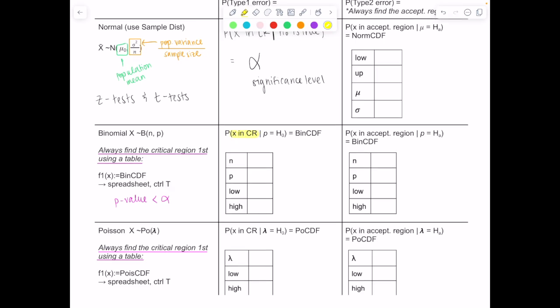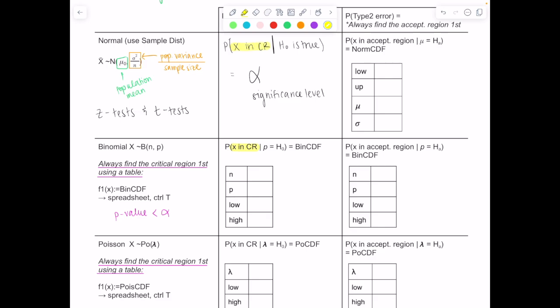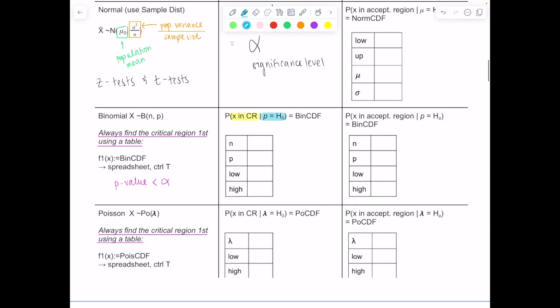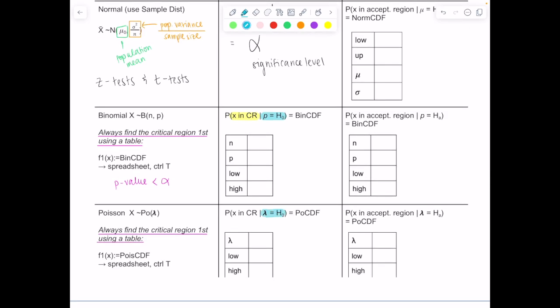Now, the probability that you're in the critical region, given your null hypothesis is true, depends on what your null hypothesis is. For a binomial distribution, your null hypothesis is whatever your probability of success is. For a Poisson distribution, that is your average rate. Your bounds in your CDF come from your critical region. So we need to first know what that critical region is before we can do this CDF.